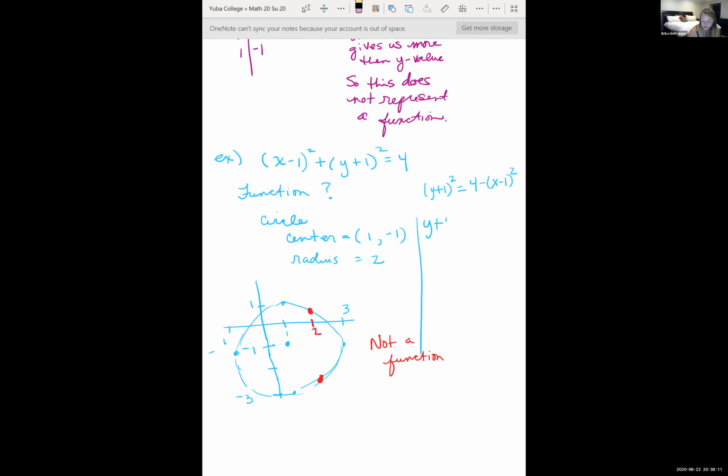So we get y plus 1 equals plus or minus the square root of this whole thing. And right here, that plus or minus tells me I'm going to get 2 separate y values back for every x I plug in, or most values of x.